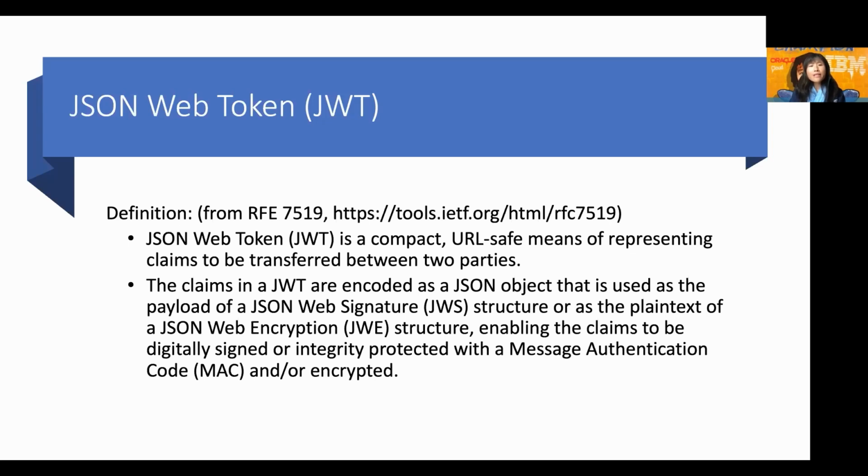The claims are all represented as a JSON object, and it is also signed and can be further encrypted if you want. The signature can be used to verify whether the token has been tampered with or not. For more information, you can look up RFC 7519.